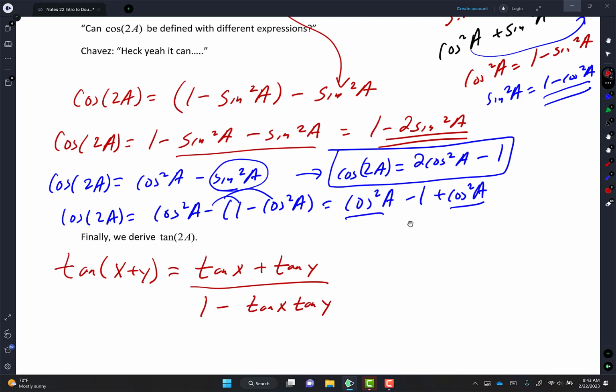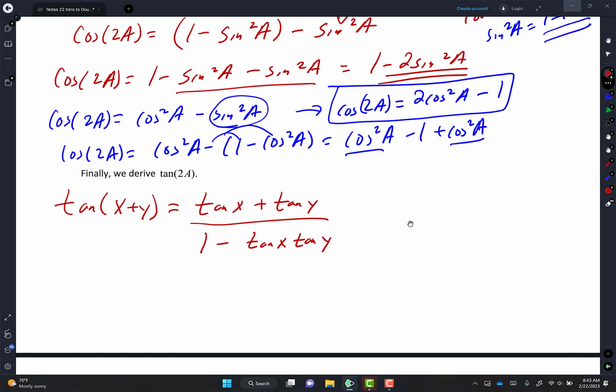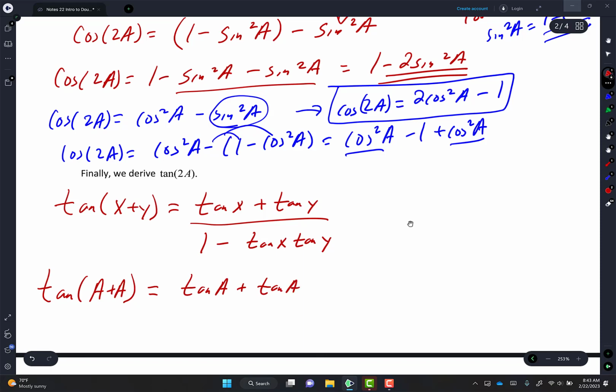So that's the formula we're going to use, guys. I'm going to plug in an a and a for both of those x and y. So I'm going to write tan of a plus a, because that's what tan 2a is, right? Tan a plus tan a over 1 minus tan a tan a.